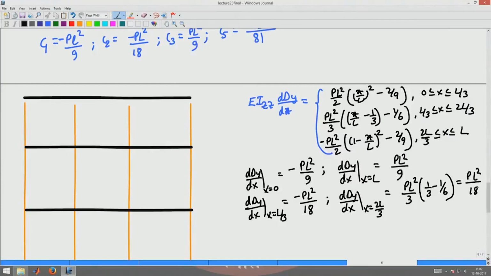This again should have opposite sign, but same magnitude because of symmetry, and because the slope has to be same at equidistance from the center of the beam.